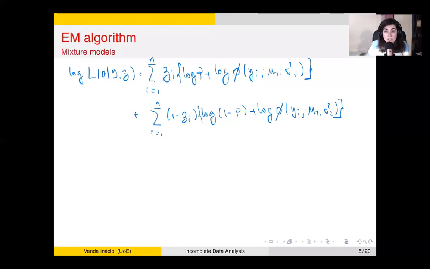And now we are under the framework of the EM algorithm, right? I do not observe the Zs, and I will proceed to the E step, right? And in the E step, what I need to do is to come up with my Q function, which is the conditional expectation of my complete data log likelihood, and I'm computing the expectation with respect to what is missing. In this case are the Zs, given the observed data, the Ys, and the current parameter estimates, say theta at iteration t. So what I want is this expectation.